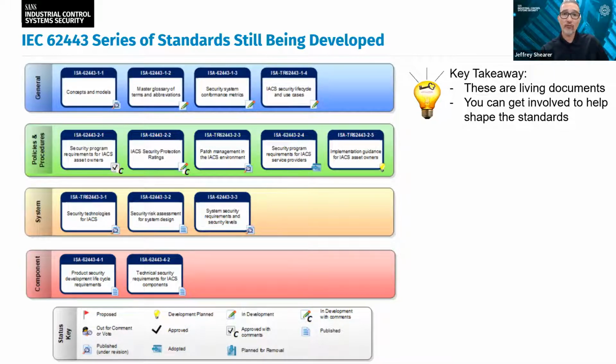I had the opportunity to work with some really great people who dove really deeply into these, like Alex Nickel, who you'll hear on different recordings, is part of ISA and still working on these documents. And so what I'm kind of transcribing were things that I learned, but also things that other people richly shared with me. So just be aware that these standards are actually still being worked on.